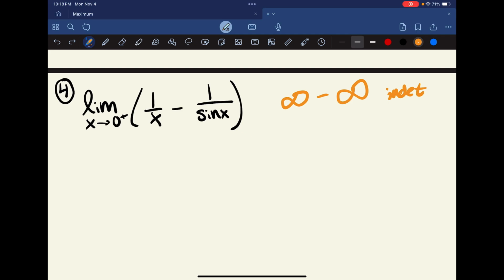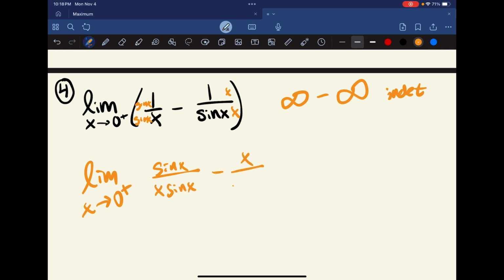And one of the ways we can find a common denominator with this problem is to multiply this sine x by x and this x by sine x, right? So in order to do that, we got to multiply both the numerator and the denominator by the other one's denominator. So this becomes sine x divided by x sine x minus x divided by x sine x, right?